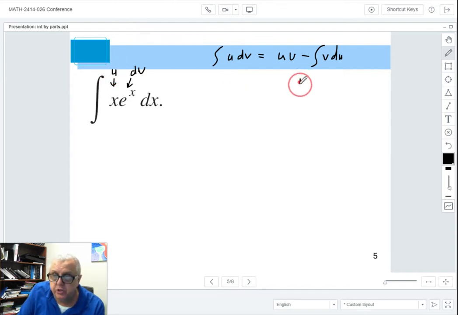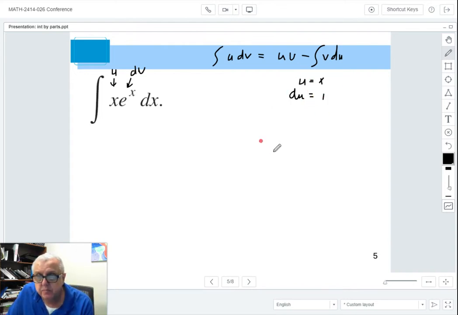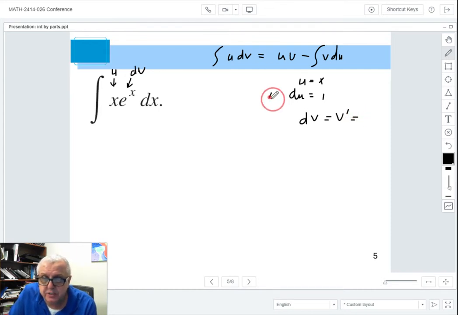So if U equals X, then the derivative of U equals 1. The derivative of X is 1. If dV, by the way, another way of writing the derivative of V is V prime. In the same way here, du is U prime.